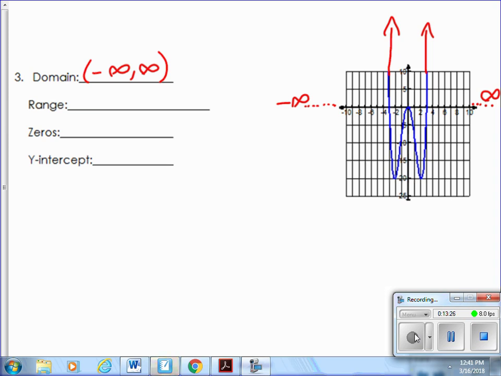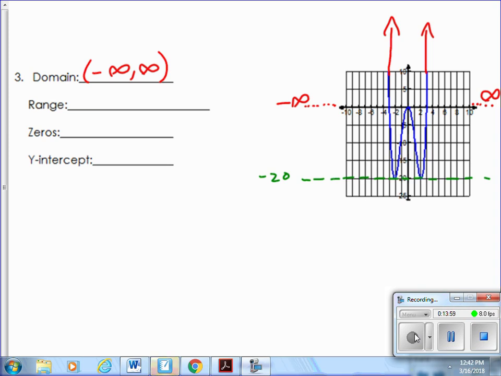Now the range, remember that's my y values. So we're talking up and down. And when we read the range, we always read it from the bottom up. Okay, so starting at the bottom. The lowest that this graph goes, I've actually got a boundary line down here. This graph never goes below the value at -20. So it's got a minimum. That's as low as it's going to go.